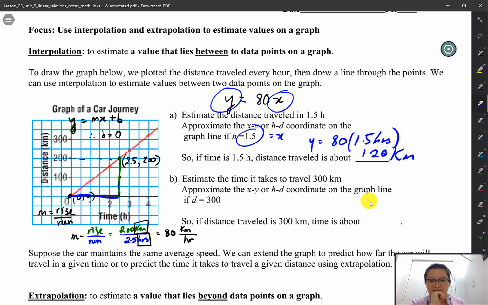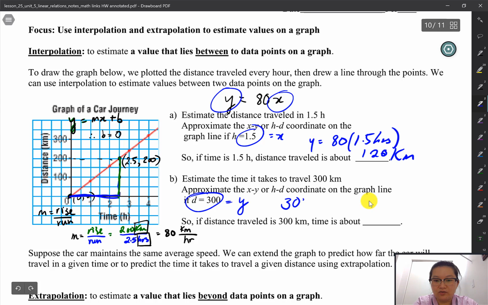That's pretty fast. Okay, so B, estimate the time it takes to travel 300 kilometers. So this one I have D is equal to 300. D is going to be my y value here, because that's on the y-axis. So I use 300 is equal to 80x. I need to solve for x, so it becomes a little bit like algebra.